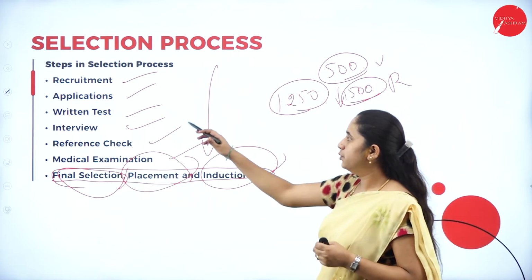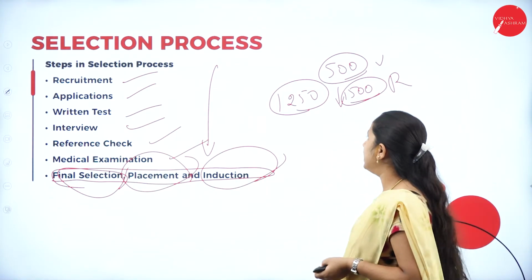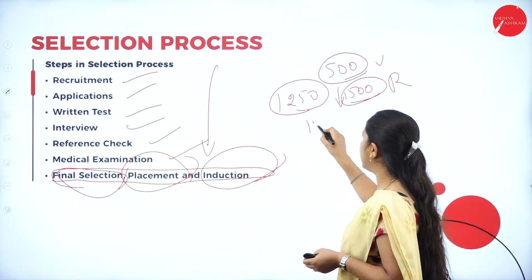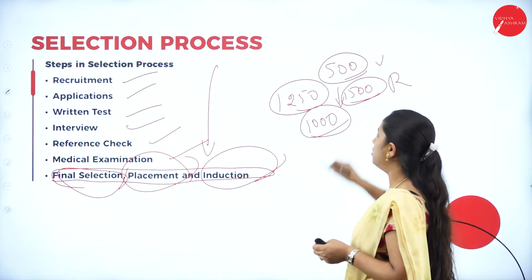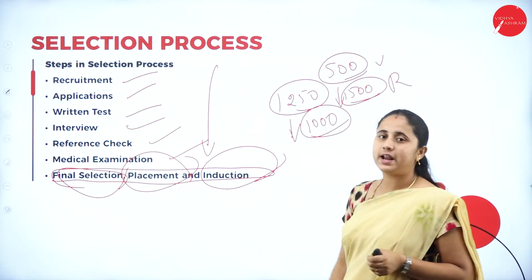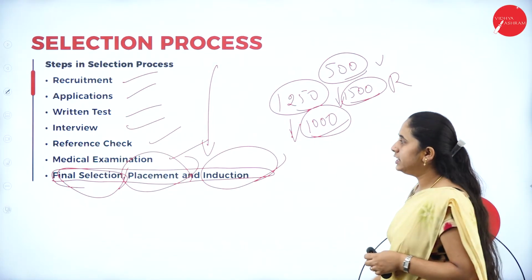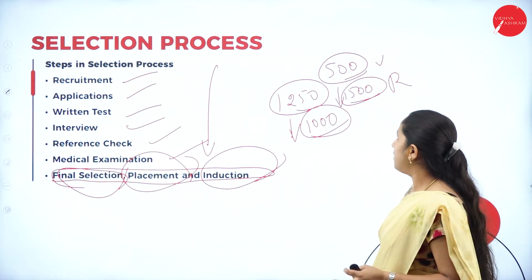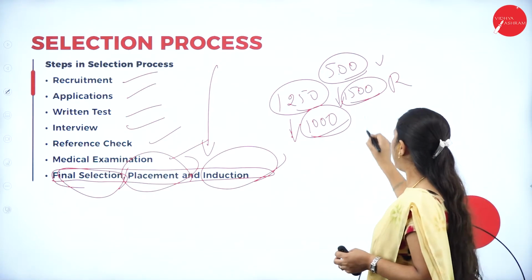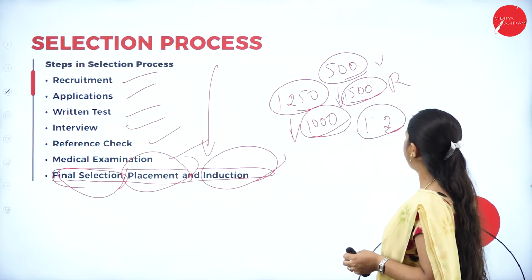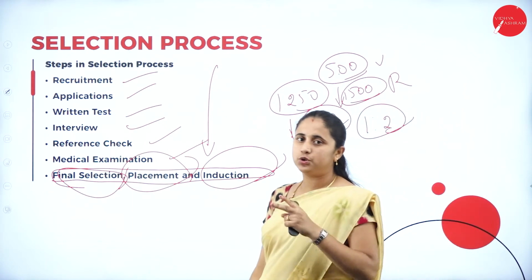After that, we'll go for the written test. Under the written test, again we will cut it down to 1000. Again we try to reduce the number of candidates. After the written test, then interview and reference check. After this, now we have 1:2 applications. For one job, we have two candidates.